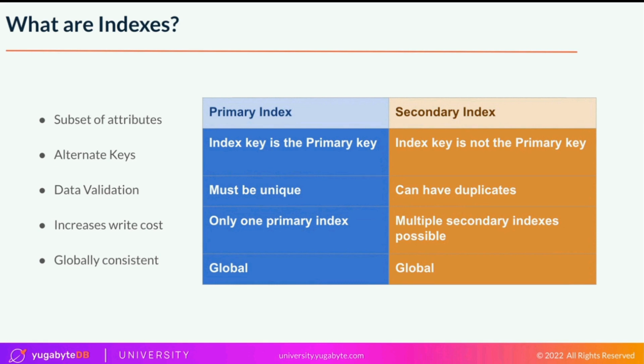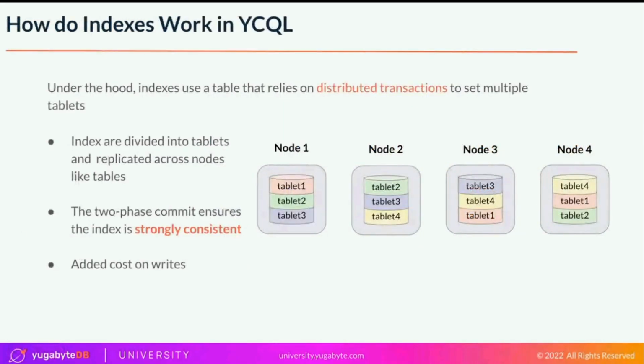On the next slide, we're going to talk about how indexes work in YCQL. Under the hood, secondary indexes are stored in global data structures that rely on distributed transactions to replicate and distribute indexes across the cluster. Index tables are sharded and replicated across nodes, just like user tables.